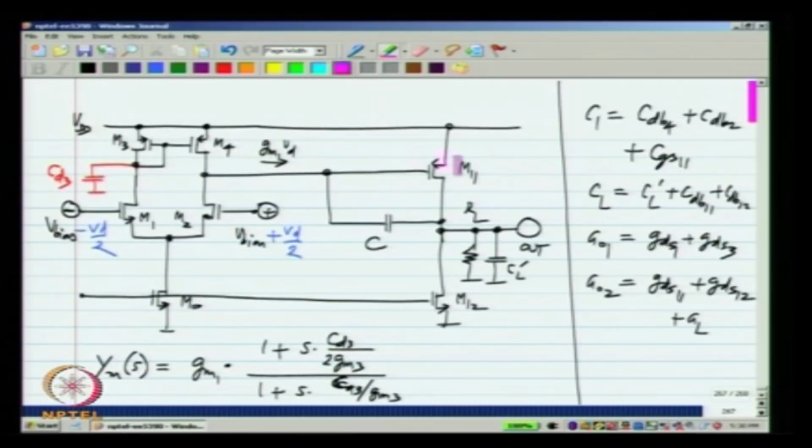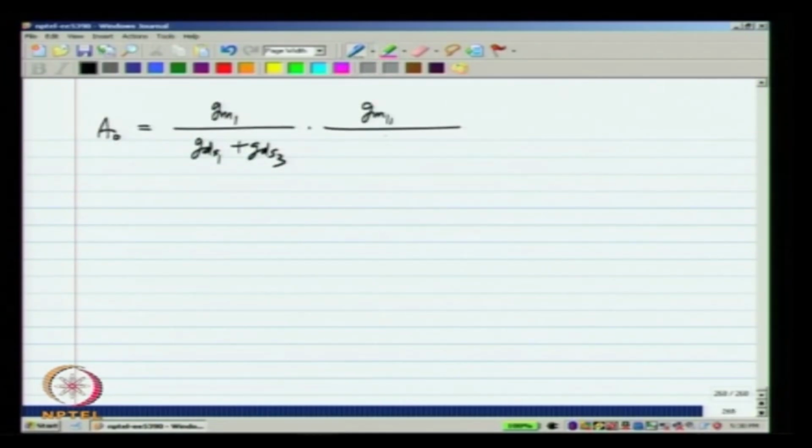Remember, GM11 is GM2. GM2 is nothing but GM11, the transconductance of this stage, GM11 by GDS11 plus GDS12, and the unity gain frequency should be GM1 by C. This is what we have calculated, and we will place the non-dominant poles and zeros beyond the unity gain frequency.